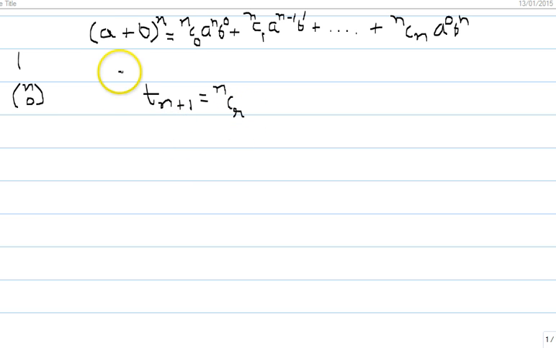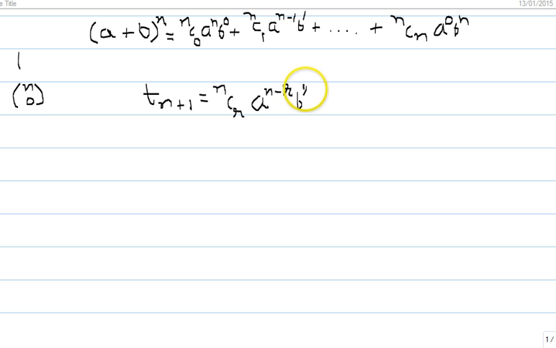Now over here the first term is a, and as I told earlier, the first term takes power equal to the difference of the superscript and the subscript. So the power of a will be n minus r, and then the second term over here is b. So this b is going to take power equal to the subscript.